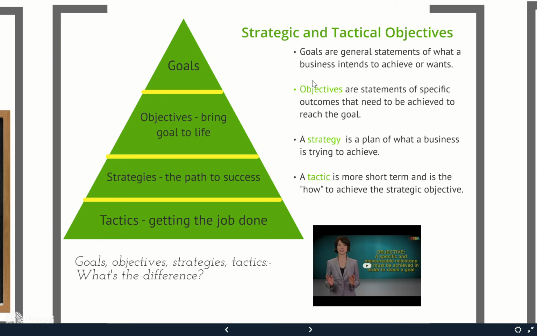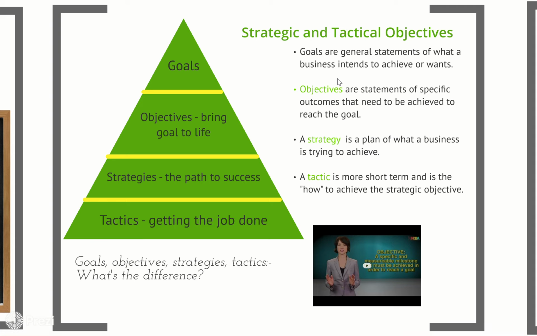The objectives are statements with specific outcomes that need to be achieved in order to reach this goal. So in the case of the iPhone, the objective is to develop a new camera, a new CPU, a new component that will make the new iPhone different from the previous ones. A strategy is a plan which the business is trying to achieve.